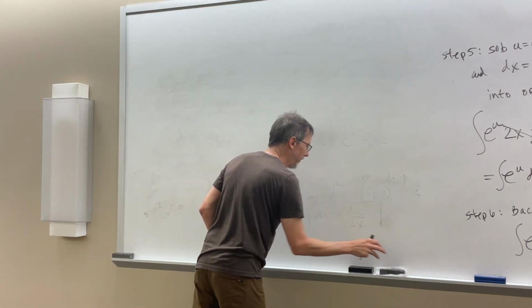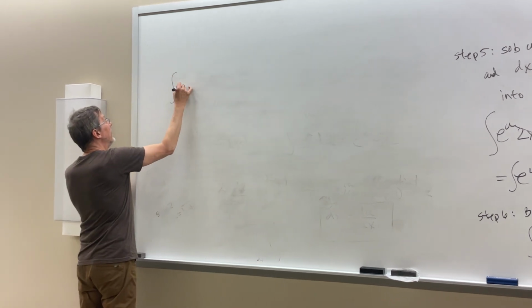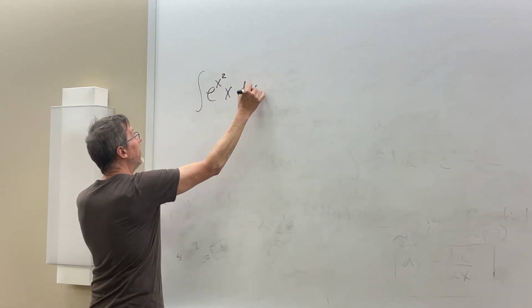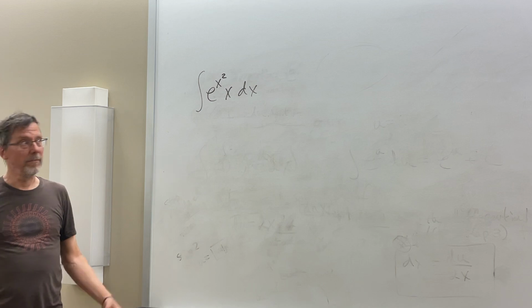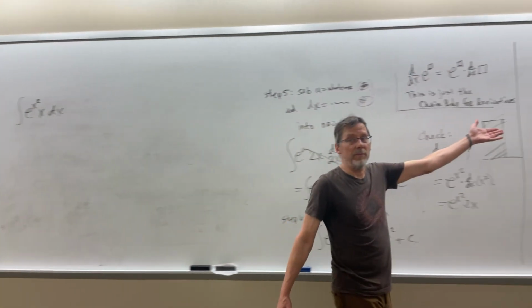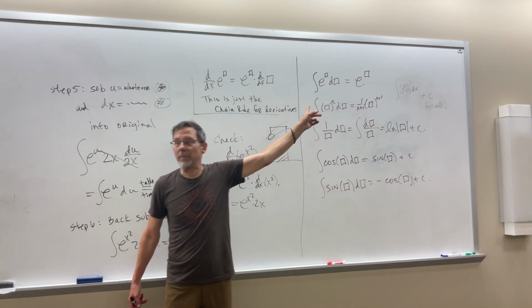All right, so let's do a slightly different problem. Let's assume I'd had this. What form are we looking at? The top one, it's an e.